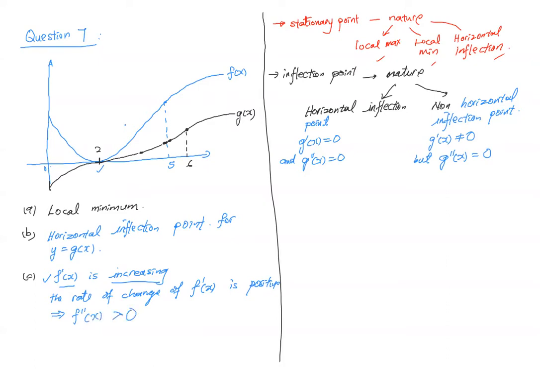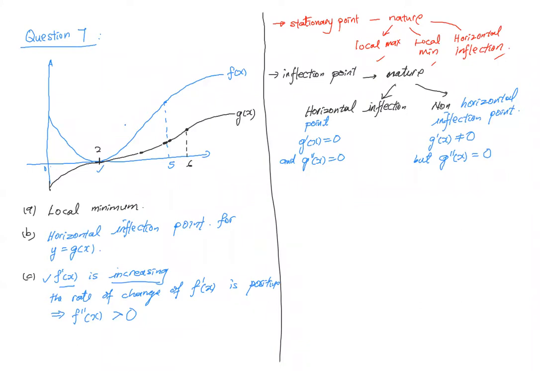You get me? Because they want to determine the interval for which f prime x is increasing. So how am I going to know f prime x is increasing? That means the rate of change of f prime x is positive.